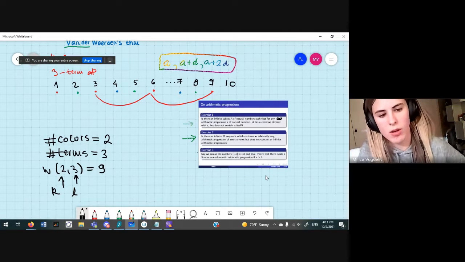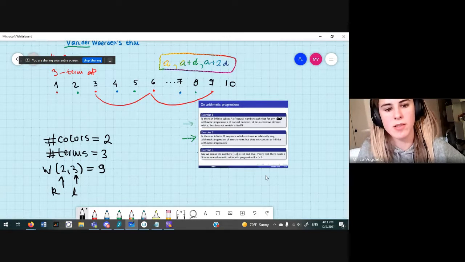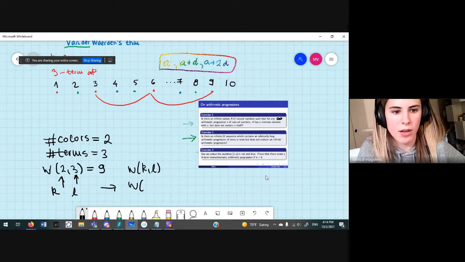And now we want to find this function, or just to be frank, to prove that this number exists, this V of K, L. And now our next point is to think about V of 3, 3. So 3 colors, 3 terms.